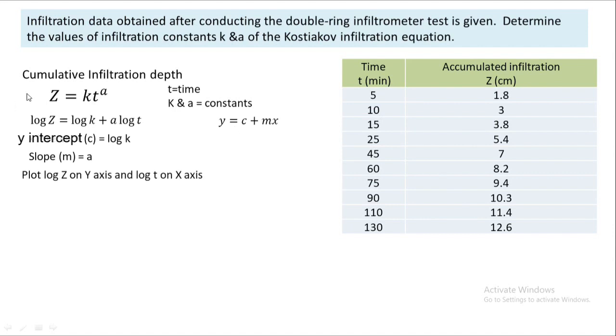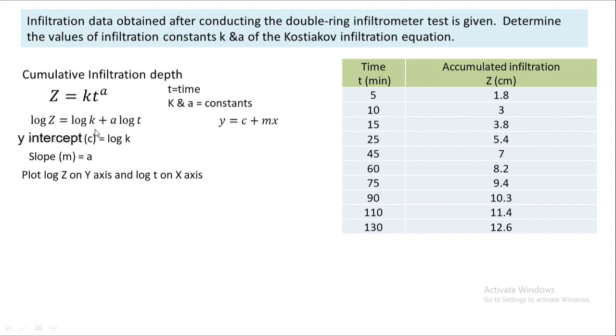Taking log on both sides, we will get an equation of this form: log Z equal to log K plus A log T, which is similar to the straight line equation y equal to C plus mx.